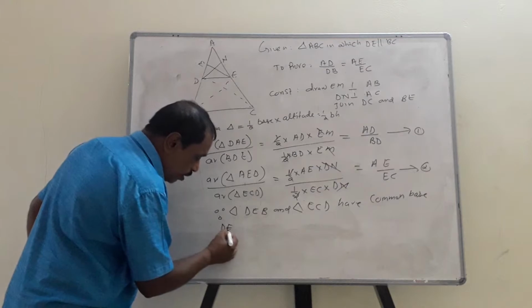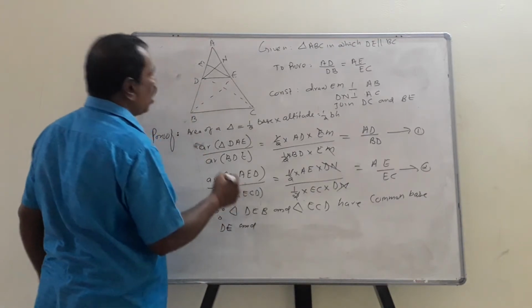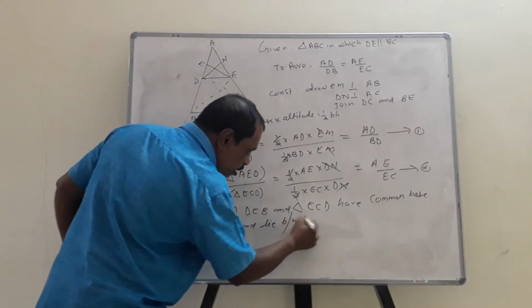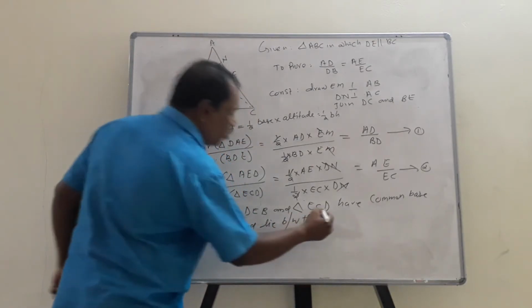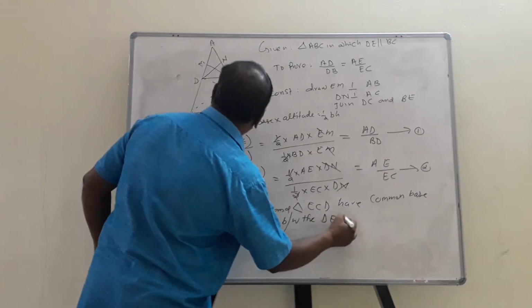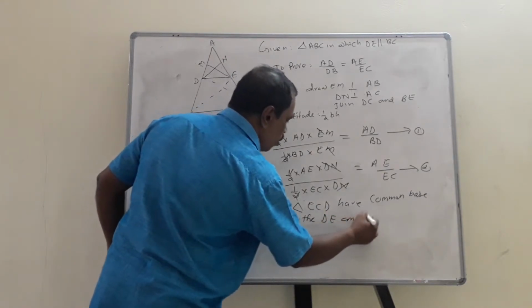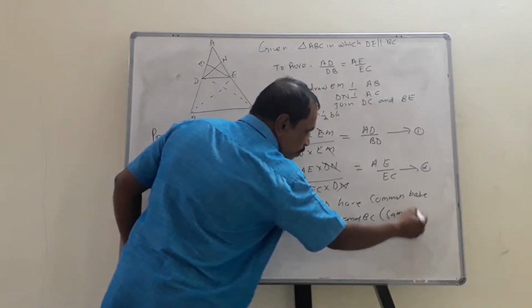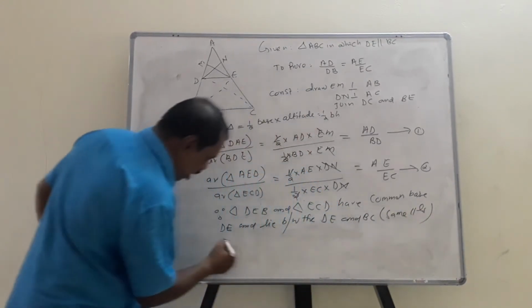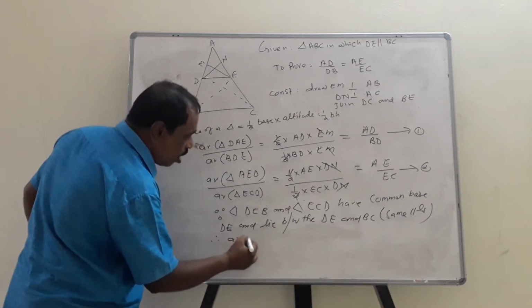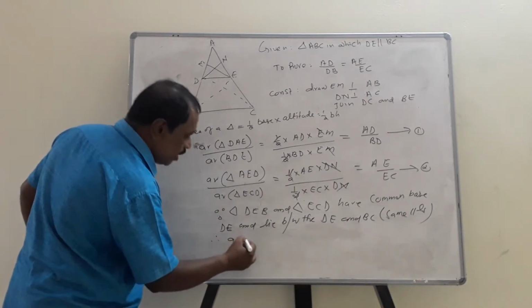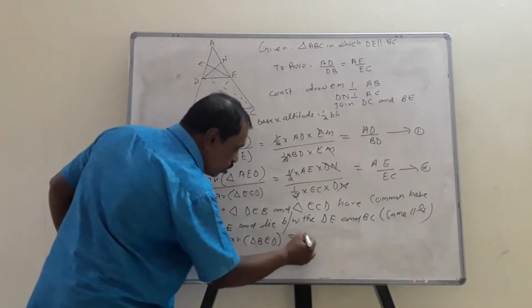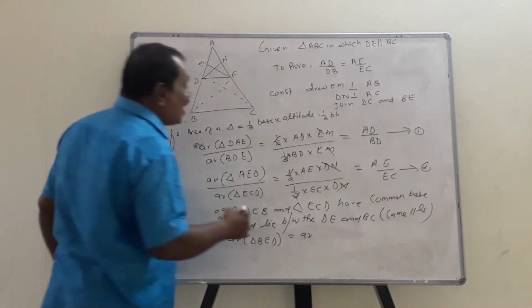They have a common base and lie between the same parallels. Therefore, area of triangle BED equals area of triangle ECD.